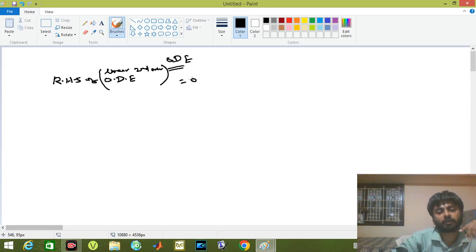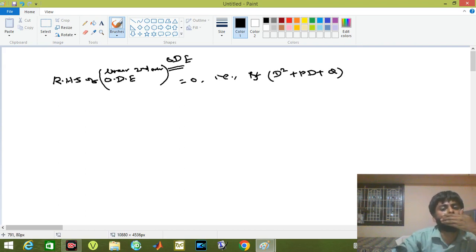That is, if (D square plus pD plus q) y is equal to r, that is what we are having.